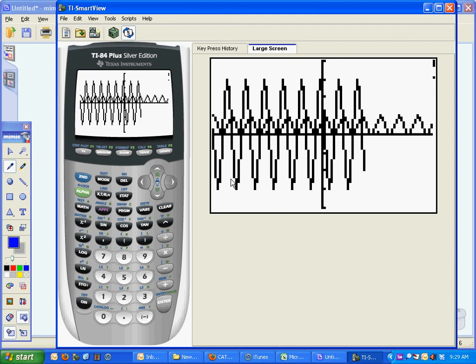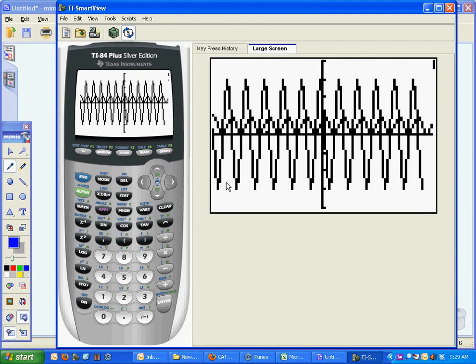So there it is. That one takes a while to draw because the calculator's got to calculate every pixel and then connect the dots. So that takes a little bit of time, but not too bad. Okay, so this one here that zigzags up and down with an amplitude of 1, that's our original function, that's y.